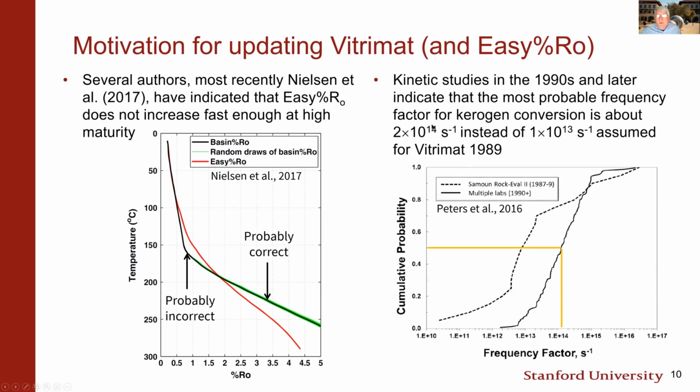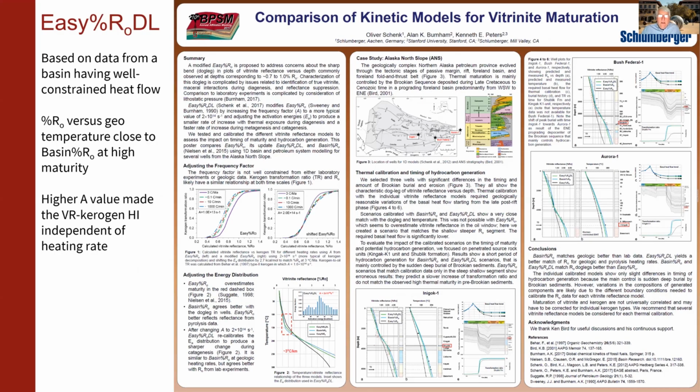So I started thinking that maybe this is the frequency factor that really ought to be used in these vitrinite reflectance models. About that time, Ken Peters approached me and said they were having trouble matching data in the Alaska North Slope, and they had very well-constrained heat flow estimates as a function of time.